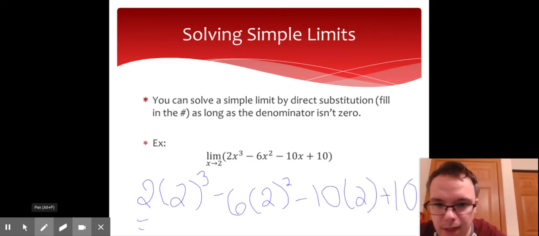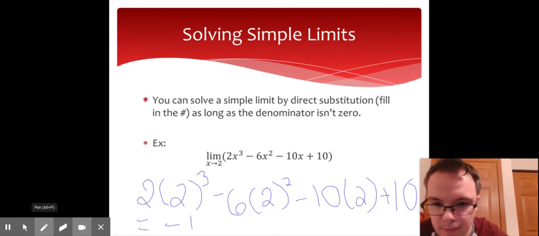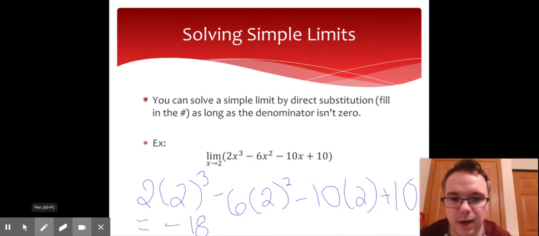And if we do that, we get a value of negative 18. So that is actually our answer here. Our answer is negative 18. So all we're going to be doing today is taking limits of numbers, or limits of a function where we plug a number in, just like this example.